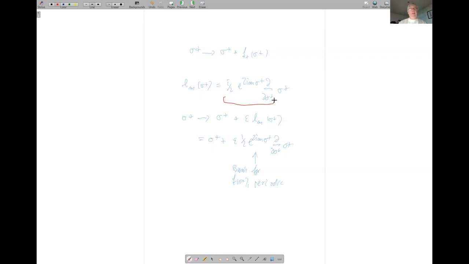Then you see here, if I write an infinitesimal transformation, and here I've written an explicit epsilon to make clear that this is an infinitesimal transformation, then because d sigma plus by d sigma plus just gives me 1, I see here that this shifts sigma plus by one of my basic periodic functions. So I can describe all possible conformal transformations in the sigma plus variable in this way by this set of generating vector fields.